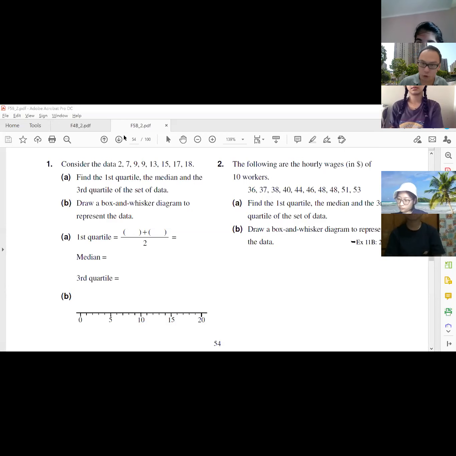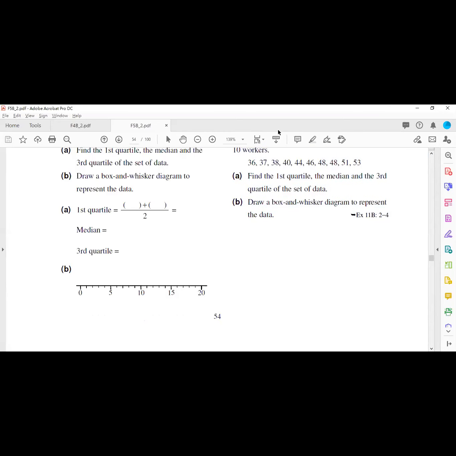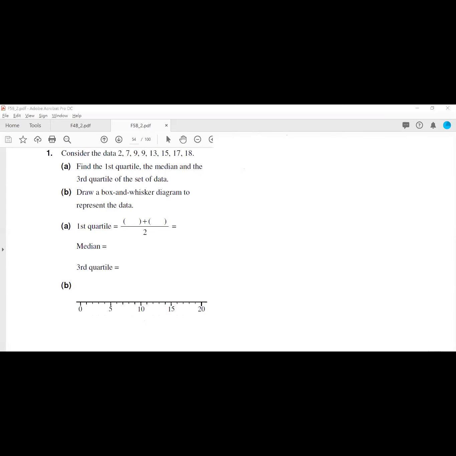好，我哋對埋，我哋好快對埋第一同埋第二題啊。Number 1. So we have 2, 7, 9, 9, 13, 15, 17, and 18. 好，排好次序噶啦呢度。And then middle position should be here.